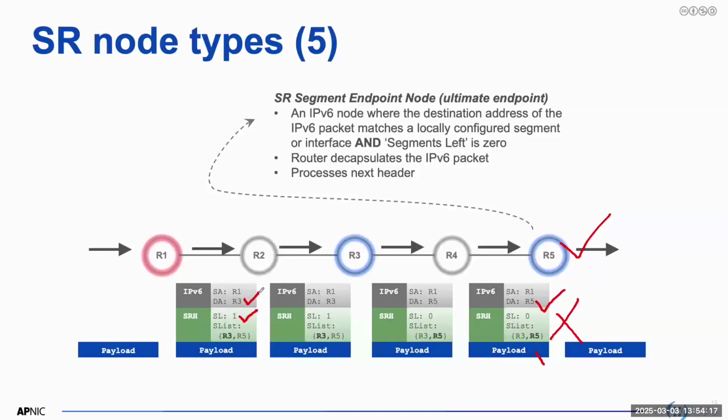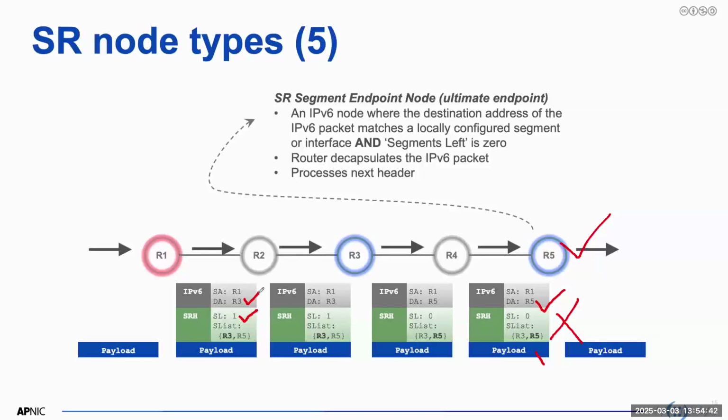Maybe if you are seeing it for the first time, it takes a bit to digest. That's why I just want to give you a couple of seconds. So in this case, let me summarize it again. R1 is our first node, which, when it receives the IPv6 packet, creates the segment routing header.